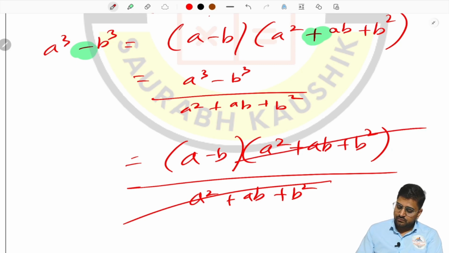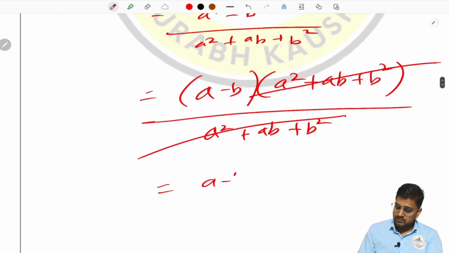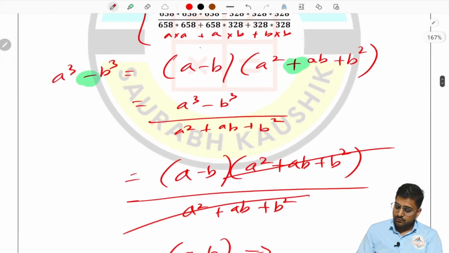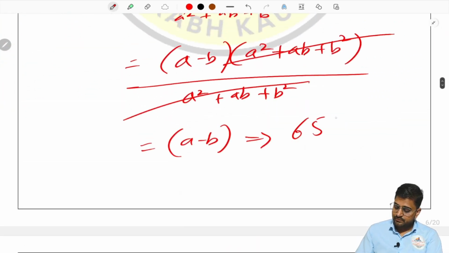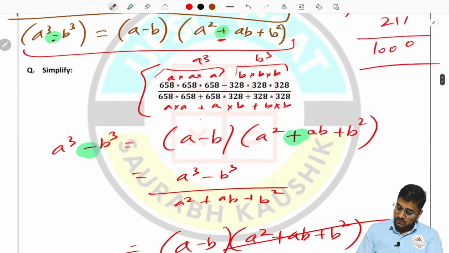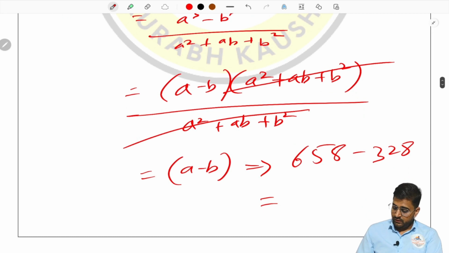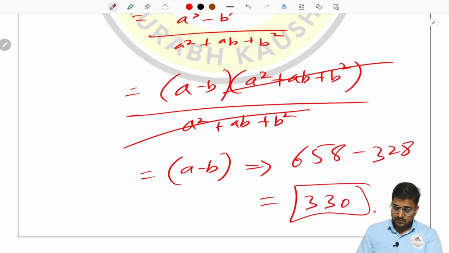You cut them, what you have is a minus b, and a minus b stands for 658 minus 328. When you subtract them, it will give you 330, which is your answer.